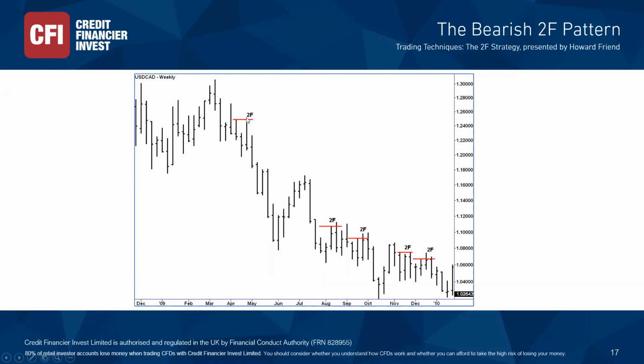Then the market tries to push higher, but sellers come out just above the 2-bar high. You can see the market briefly pushes above this 2-bar high, and then the selling pressure comes in. Big selling pressure, and by the close of the week, dollar Canada is just on the low of the week, below the previous bar's close. It's ready to go down.